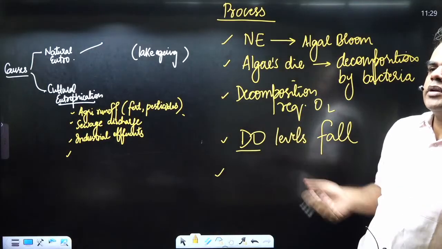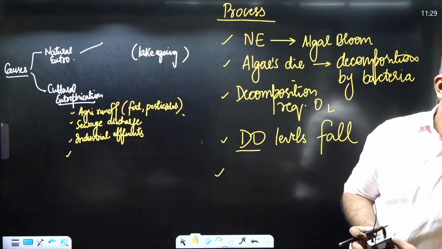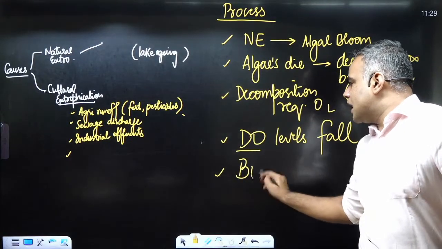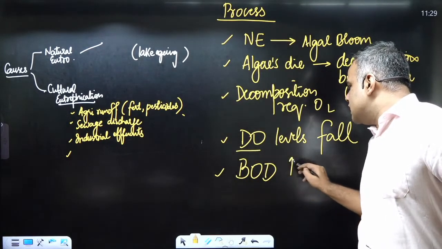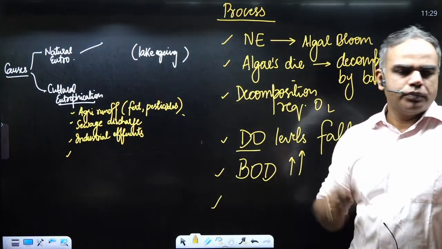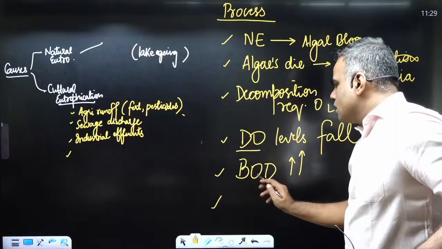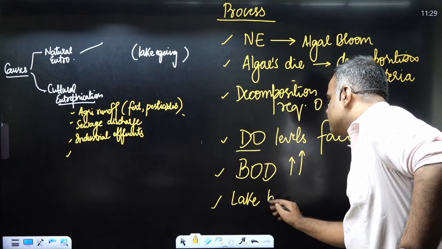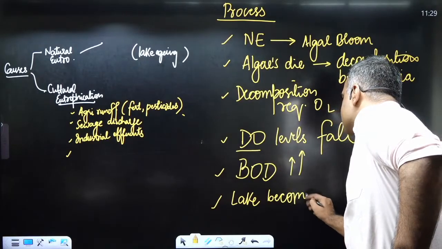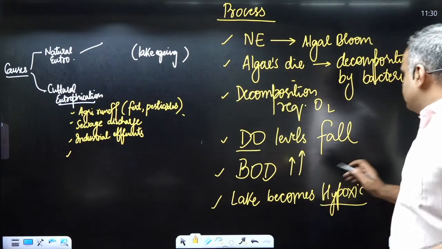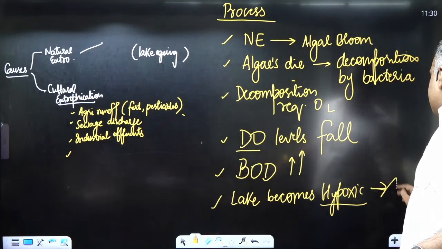This is what is happening. Dissolved oxygen levels fall. Biological oxygen demand increases. Now you'll write lake जो है या water body है becomes hypoxic, ultimately becoming dead zone.